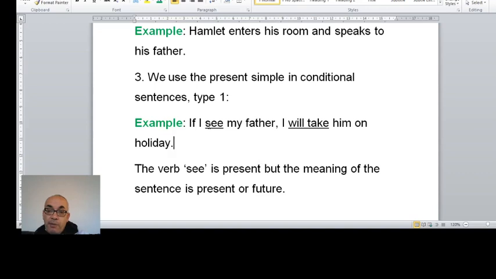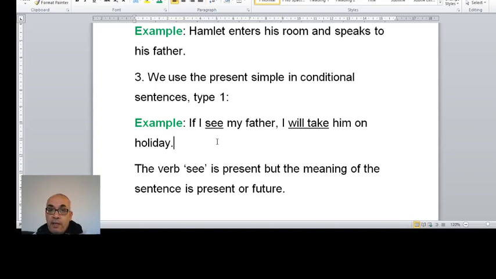Now, the verb see here is present. It looks present. If you look at it, it's present. But the meaning of the verb see is what? Is present or future. So if I say, if I see my father, I will take him on holiday, what's the meaning of this sentence?